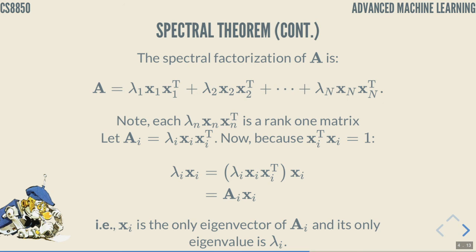If we denote each component of the sum by A sub I, we know that the eigenvectors are normalized, so their inner product is 1. If you multiply through, this is 1.